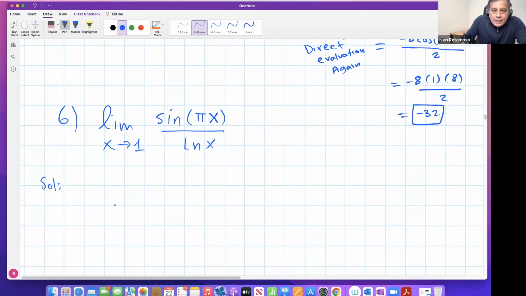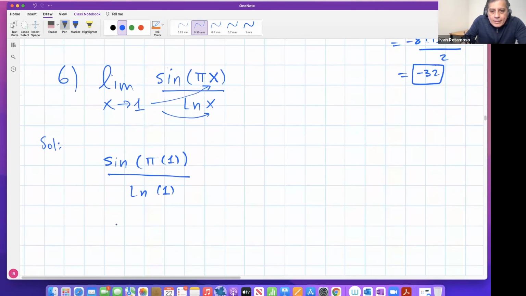All right, if you try direct evaluation, you should get this, right? Sine of pi times 1 on the top and natural log of 1 on the bottom. But this sine of pi, since on the unit circle pi is right here, has coordinates -1, 0.